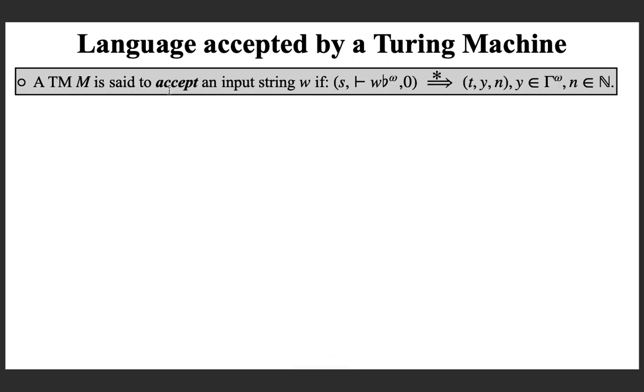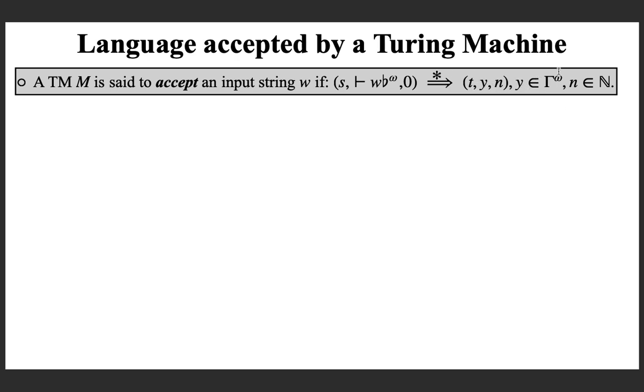A Turing machine M is said to accept an input string W if from the initial configuration, note that the initial configuration is the start state, left hand marker followed by the input string, then blank symbol on all the other cells, and read write head positioned at the leftmost cell which is the left hand marker, and suppose after applying 0 or more steps in the computation, you reach a configuration where the state is the accept state, and y and n can be anything.